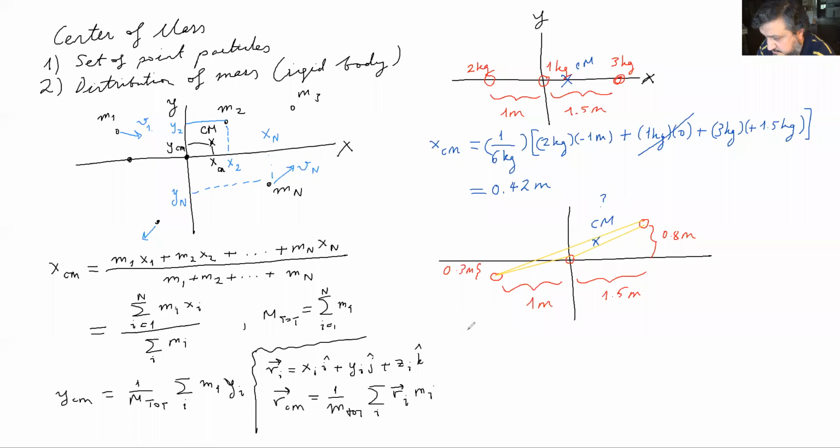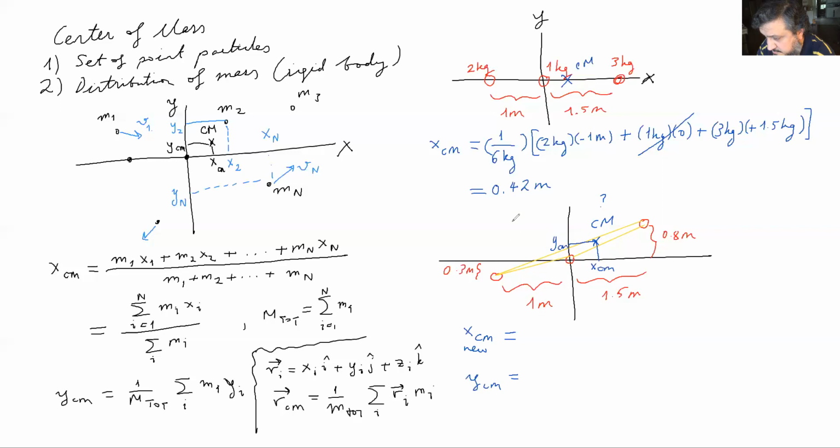But let's find it. The new center of mass, x center of mass, new. And this point will have a y coordinate as well. It was 0 here, now it's not 0. Y center of mass and x center of mass.